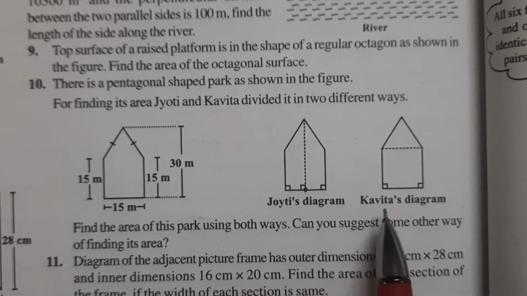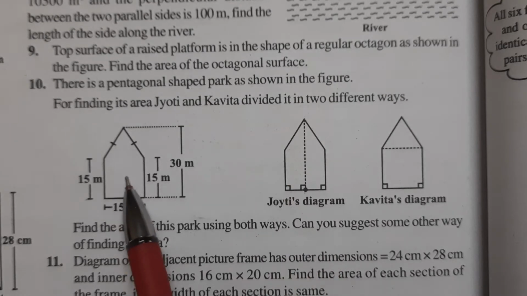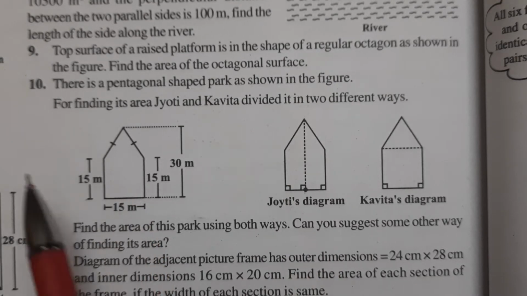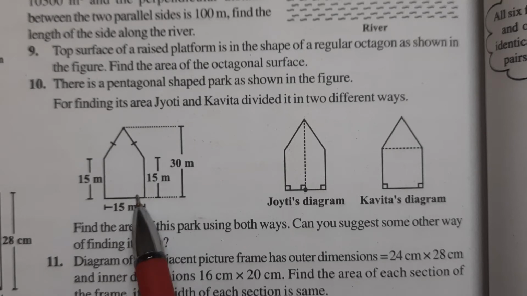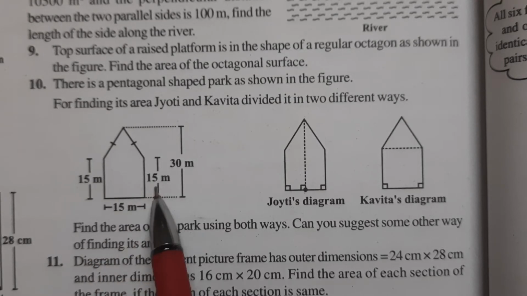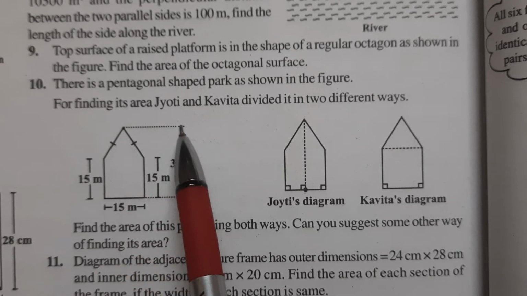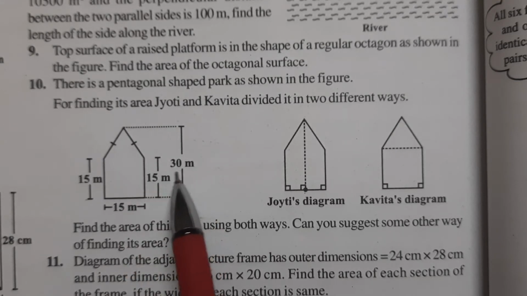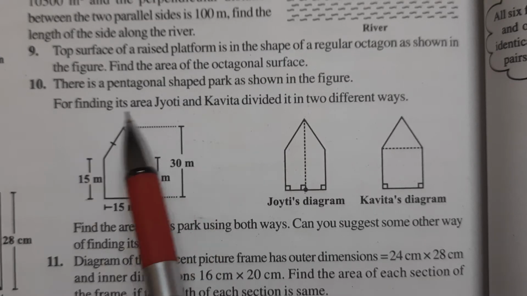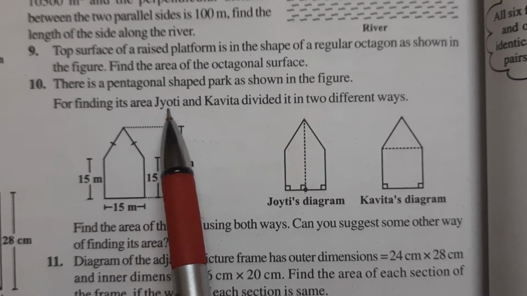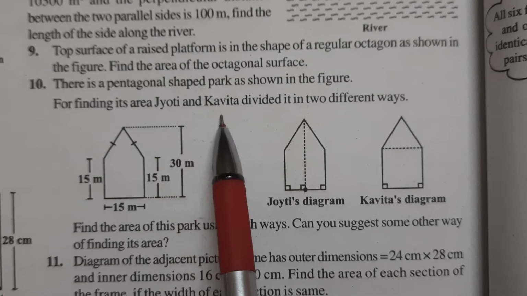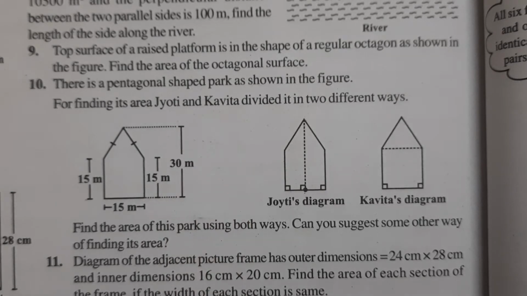Now Jyoti and Kavita have divided this park differently. The dimensions of this park are given. The base and the two sides are given as 15 meter, and the whole length is 30 meter. We need to calculate what area Jyoti has found and what Kavita has done.